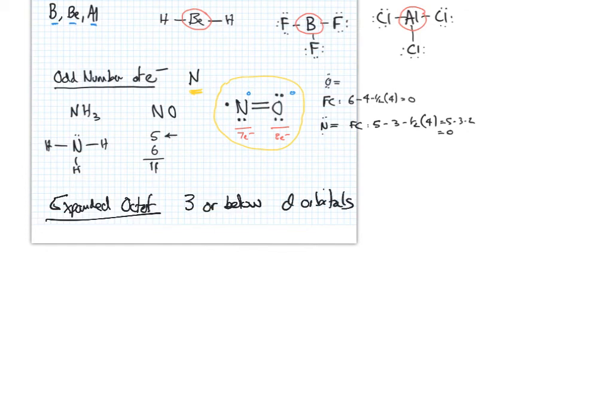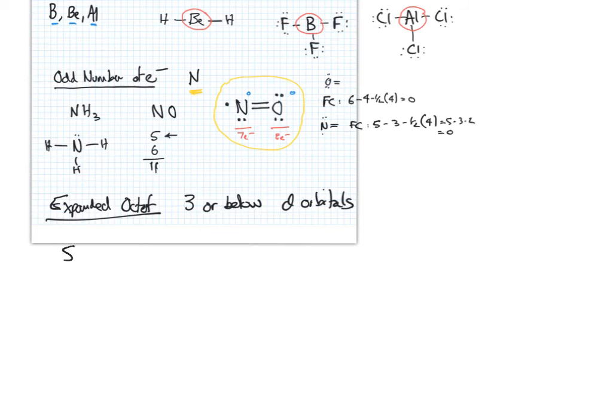So because there are d orbitals, we can put electrons into the seats of the d orbitals. So you're not going to find the expanded octet in period 1 or period 2. Hydrogen, helium, or any of the period 2 elements, you're not going to find an expanded octet. And by expanded octet, we mean more than 8 electrons around the central atom. But if you're in period 3 or below, it is possible.